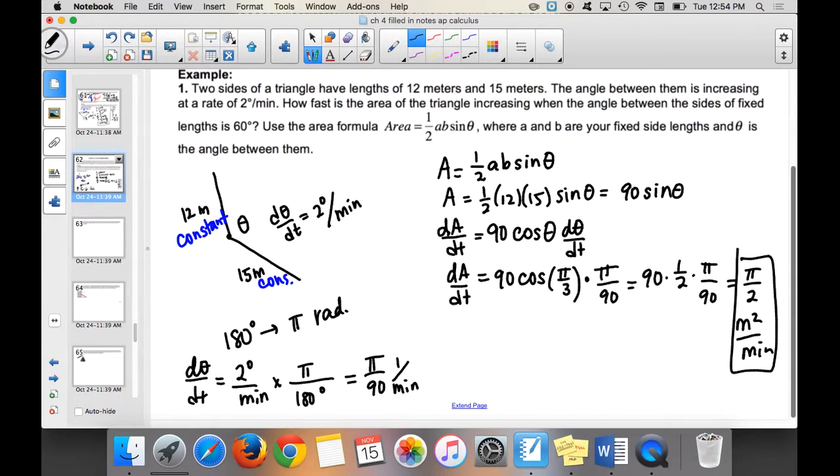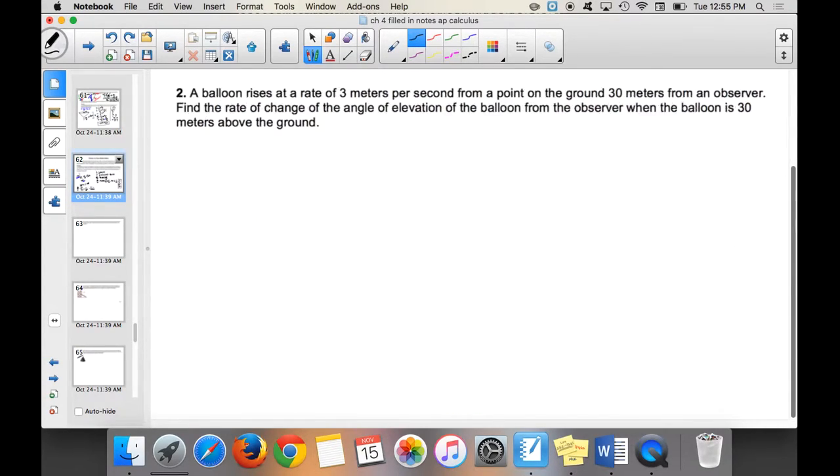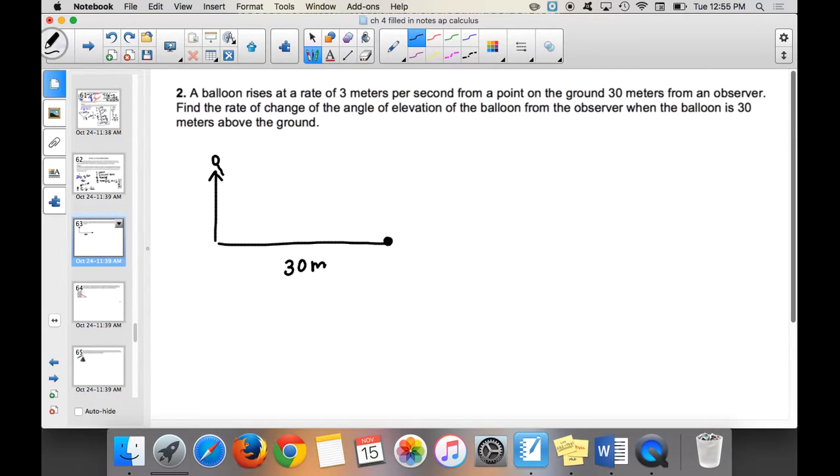All right, so the next problem. It says a balloon rises at a rate of 3 meters per second from a point on the ground that's 30 meters from an observer. So here's my observer, and the balloon is rising. Find the rate of change of the angle of elevation of the balloon.